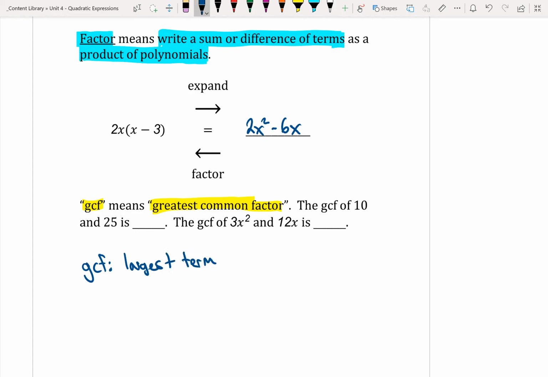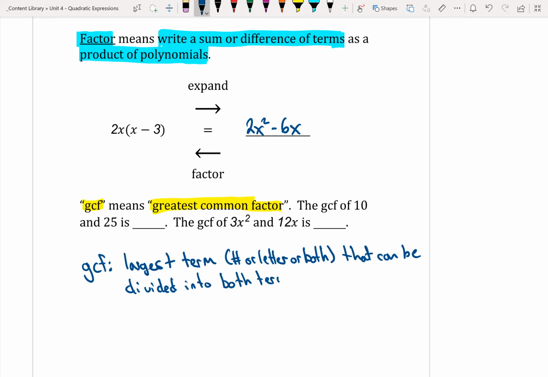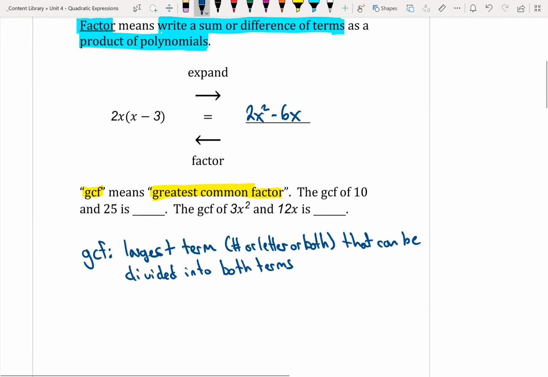So it can be a number or letter or both that can be divided into both terms. So it's the largest term, so basically a largest number or letter or both that can be divided into both terms.